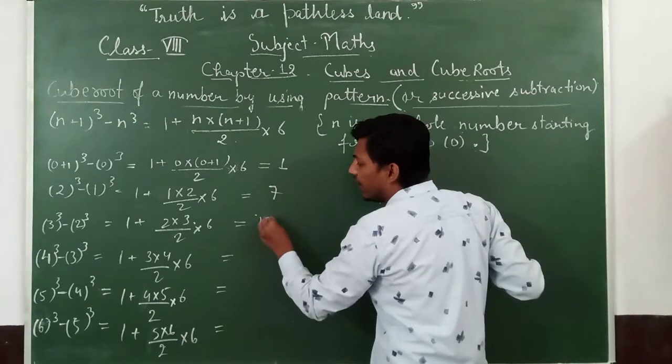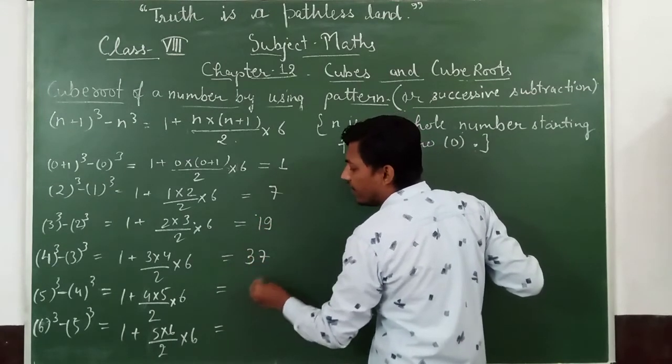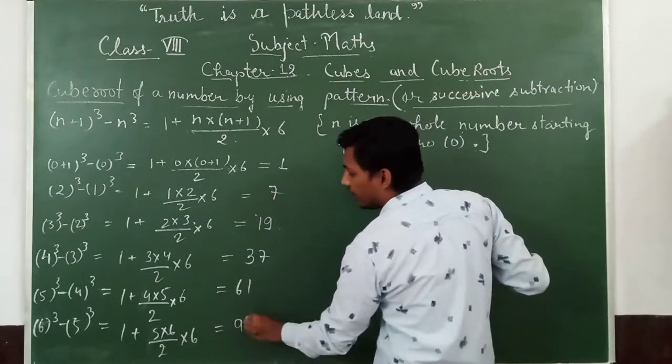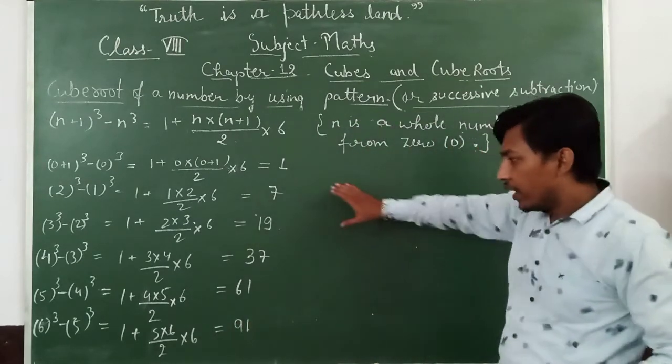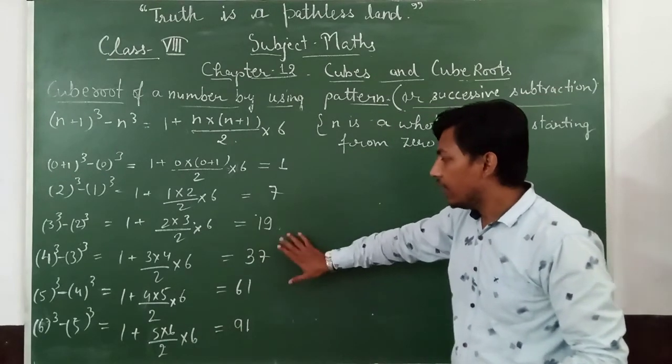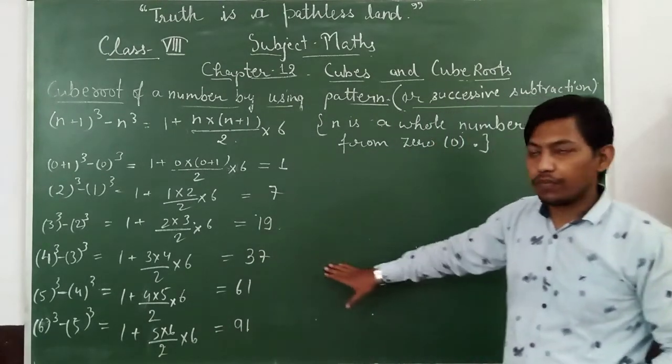Solving this we will get 19, then 37, then 61, and then 91. We can do more subtractions, but for now I am doing only 6 steps.